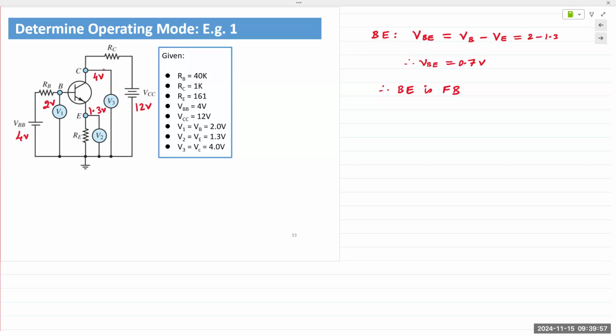So not cut off, it could be either active or it could be in saturation. Make sense thus far? Forward bias, so not cut off. Now we can either test for saturation.